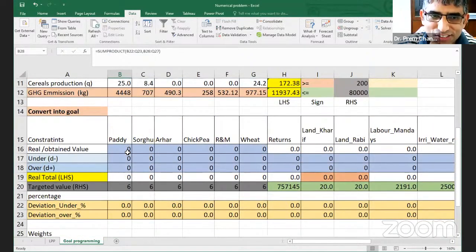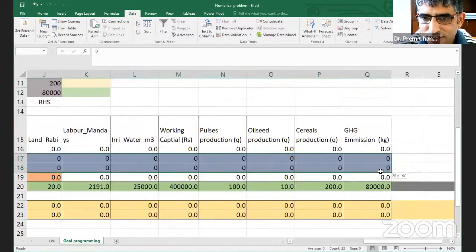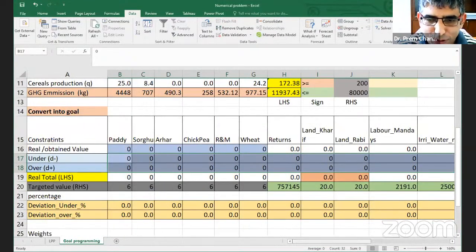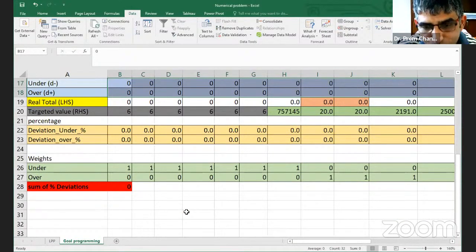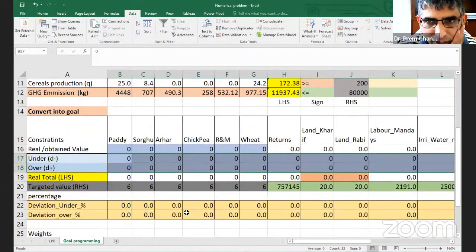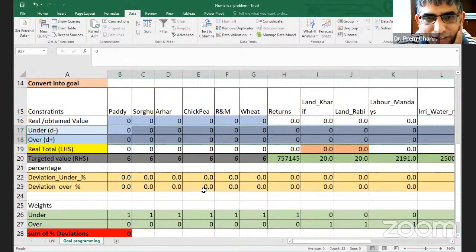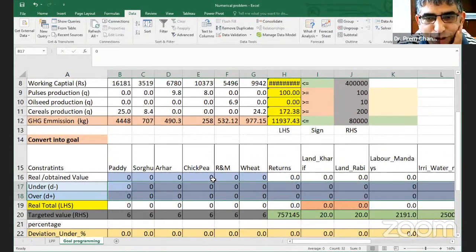By changing these decision variables, and also the under and over deviations, because I have control over it. These also become my decision variables, because I can accept under and over achievement to some extent, but the weightage says I want to minimize these deviations. So I have transformed the LP into goal programming.